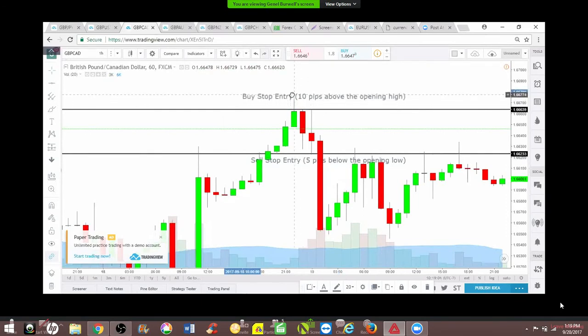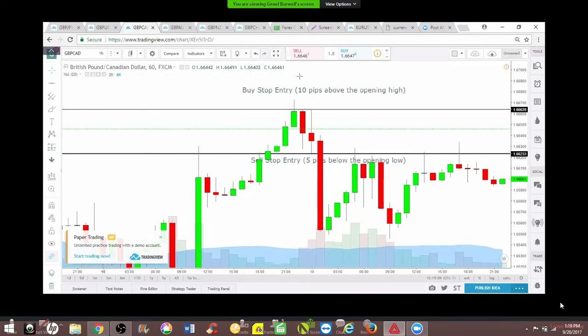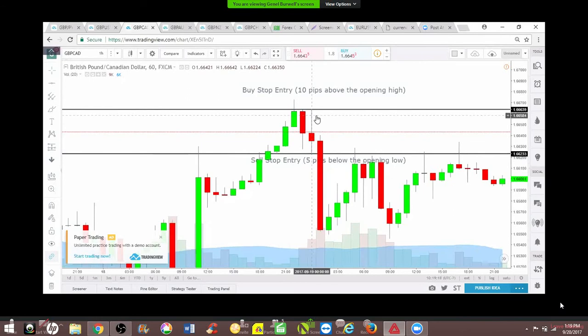So our buy stop is going to be 10 pips above the opening high. So this is what I was saying that I was figuring out on my own. Now, of course, we also want to put in our stop losses. And again, I don't know the reason why. Andre, obviously being a seasoned trader, may look at it and know why, but our stop losses.